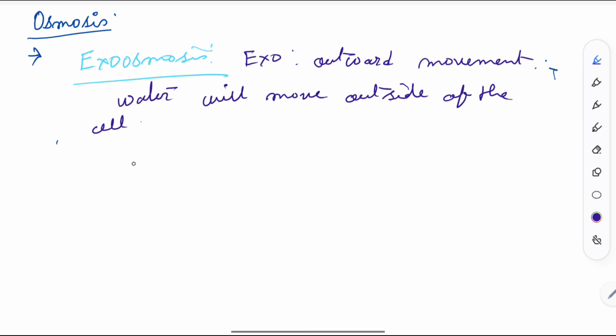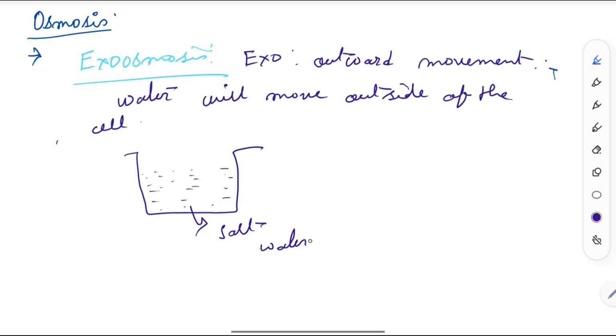Again, more or less the same scenario, right? Suppose this is salt water. You have taken a glass of water and added 2 spoons of salt, and the salt is dissolved. Now this is salt water. The concentration of salt is more.